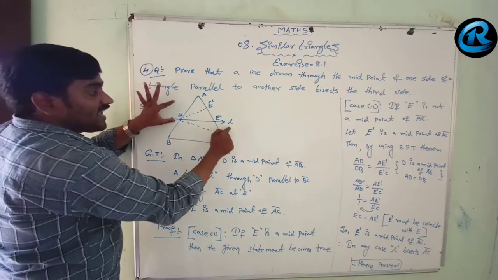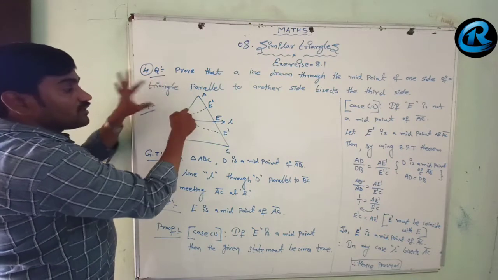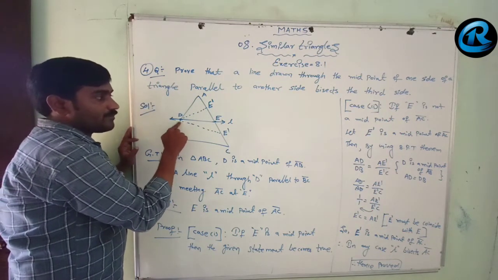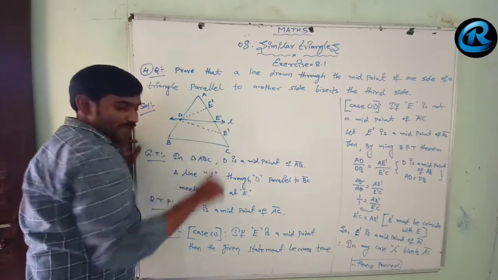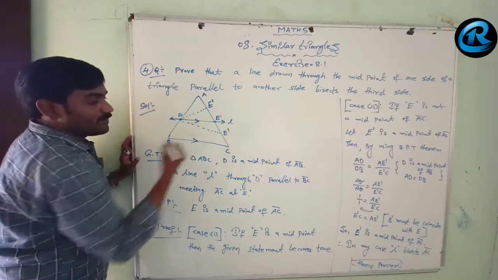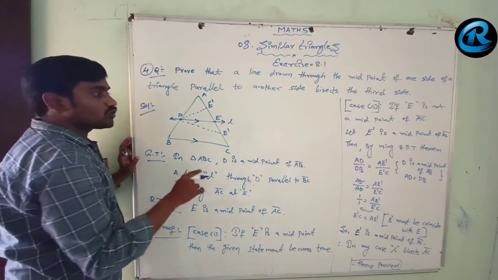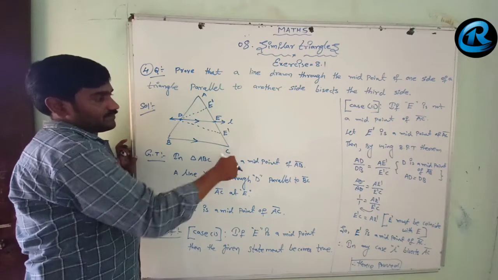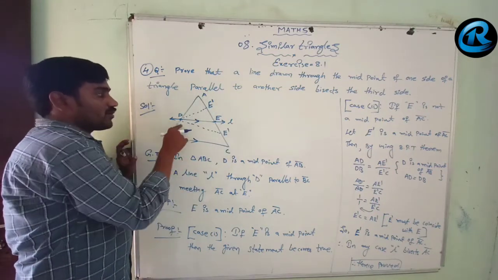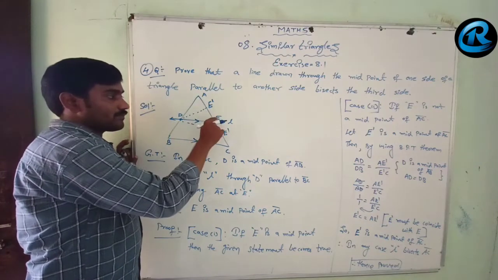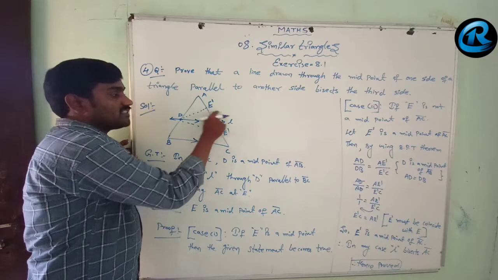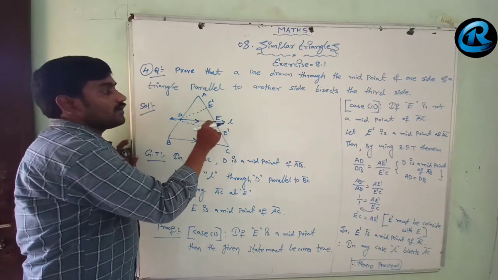So a line L is drawn from D, where D is the midpoint of AB, and it is parallel to the third side, BC, and we have to show that it bisects AC. We have to show that this line, drawn from D, the midpoint of AB, intersects AC at its midpoint. That means we have to show E is a midpoint of AC.